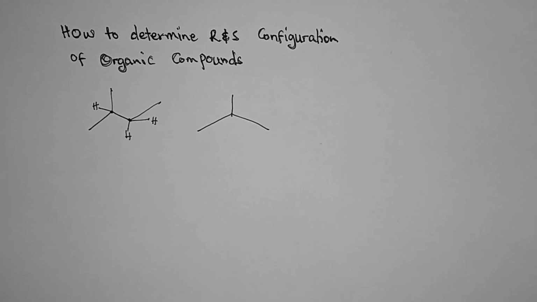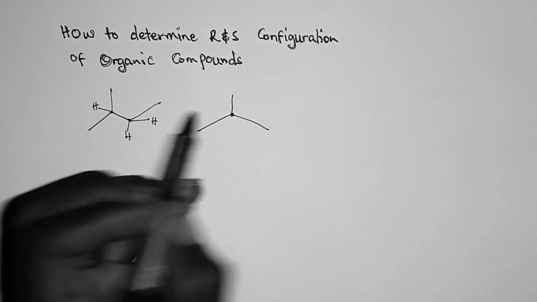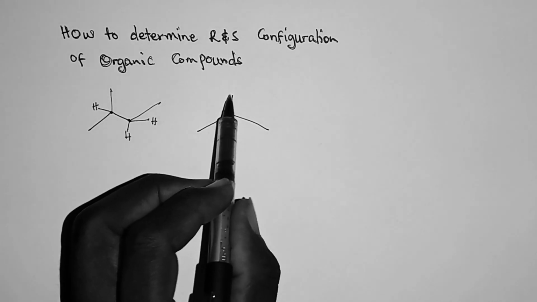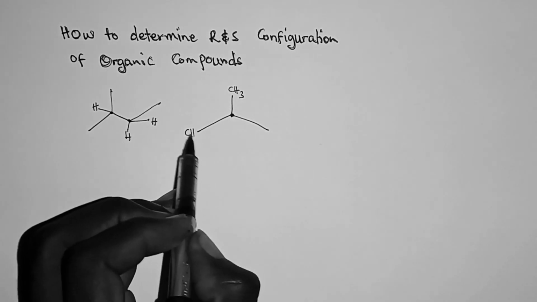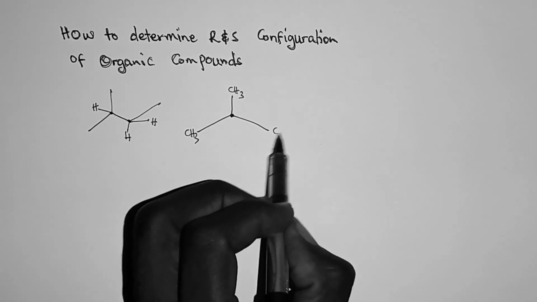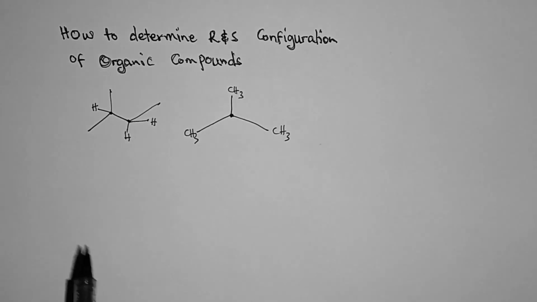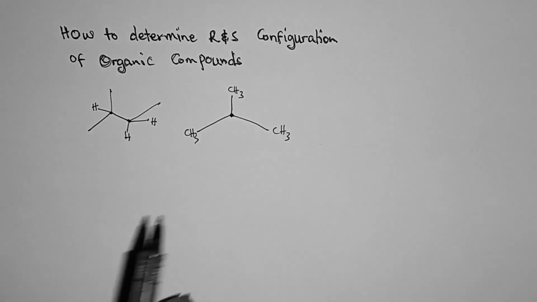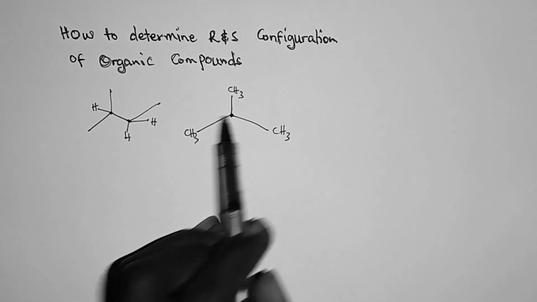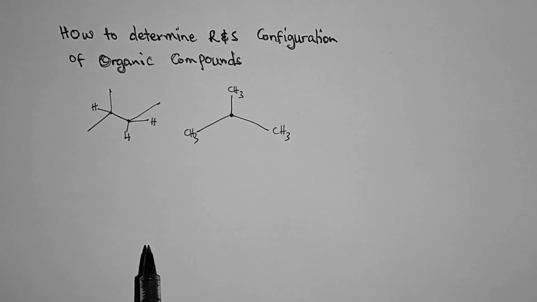Does this molecule have a chiral center? This carbon is bonded to a CH3 here, another CH3 here, and another CH3 here. Because we have at least 2 groups that are the same, this carbon is not a chiral center.